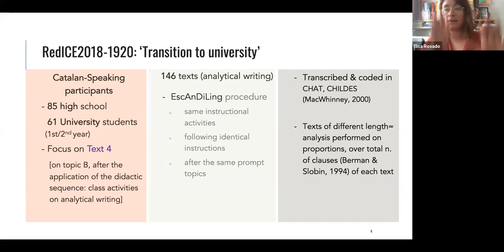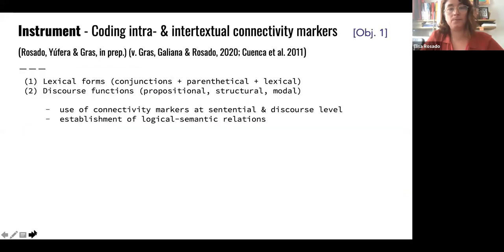And as I said, the procedure was the same for all of them. What we did with the texts was transcribe them and code them using CHAT, from CHILDES, right?